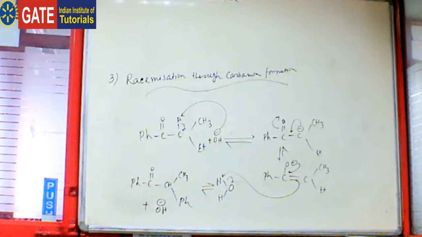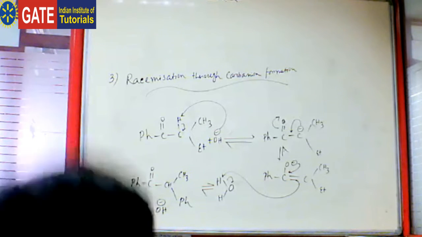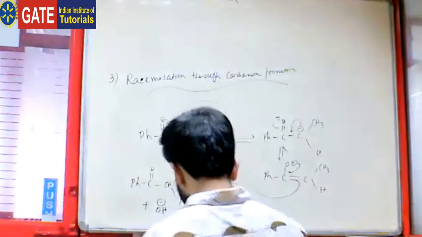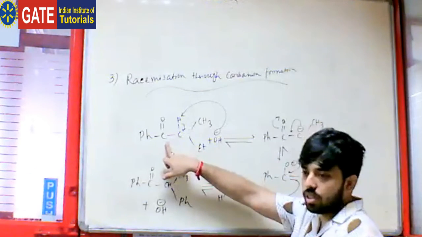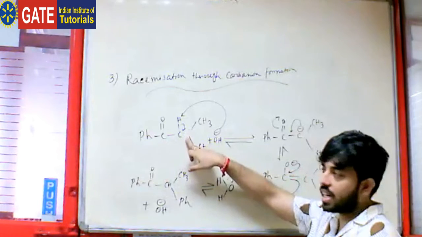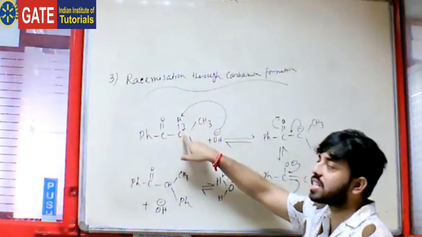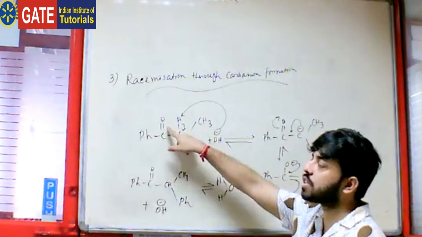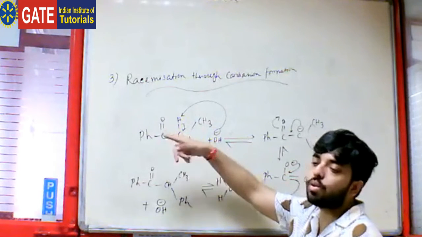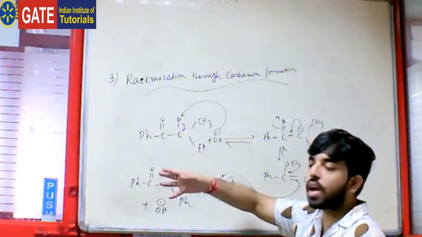So generally, what is the criteria? Remember this, the criteria is that they must have an acidic proton. See, this is C double bond O, so this is the H. This OH minus is taking the hydrogen. That means this is the acidic proton because it is present next to a C double bond O. Like you remember in aldol condensation, where it happens.